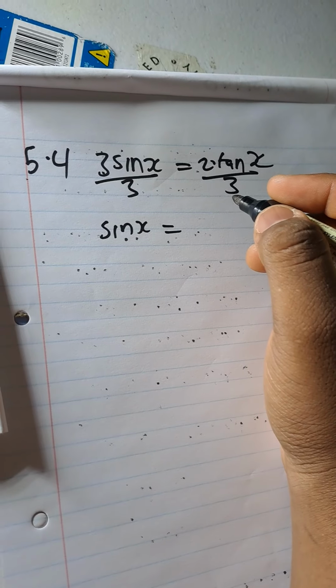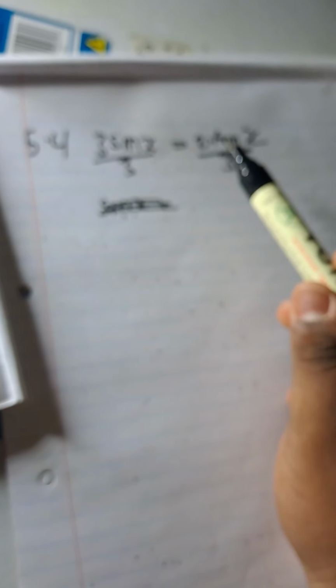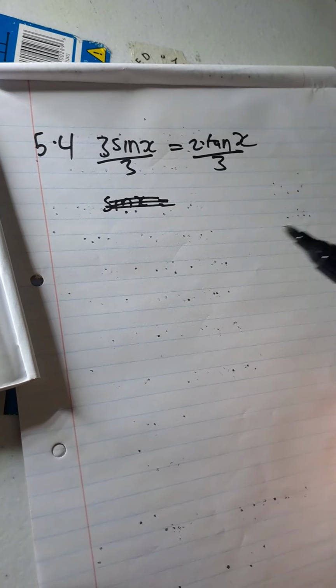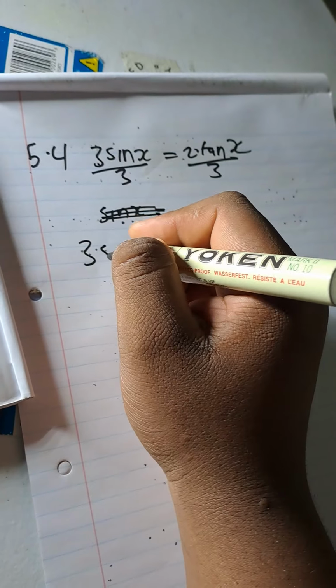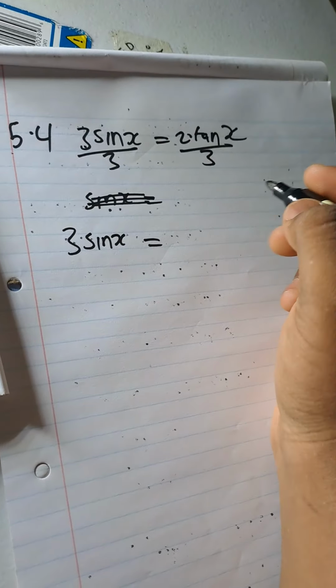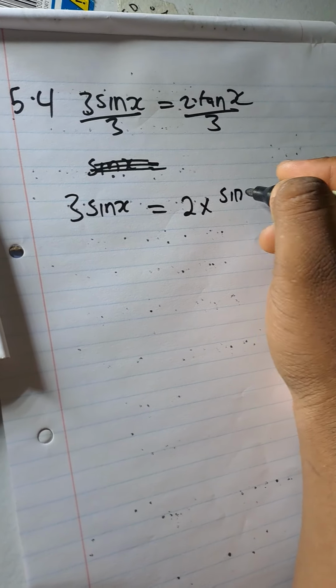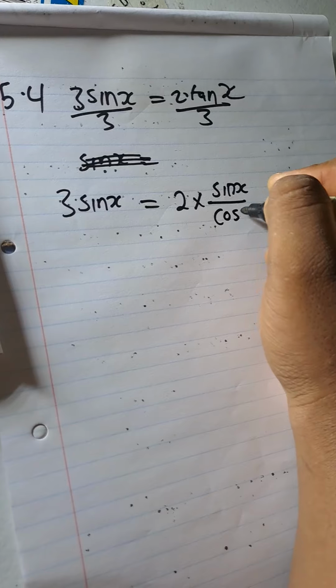Wait, no, we don't do that. I made a mistake. Sorry guys, I forgot. Tan x is an identity, so I can say 3 sine x is equal to 2 times sine x over cos x.